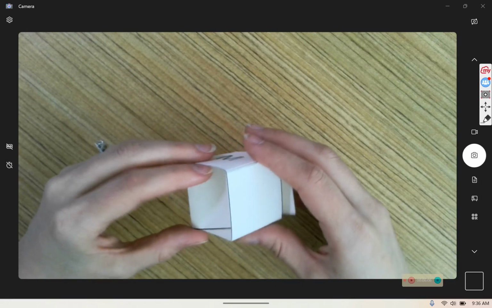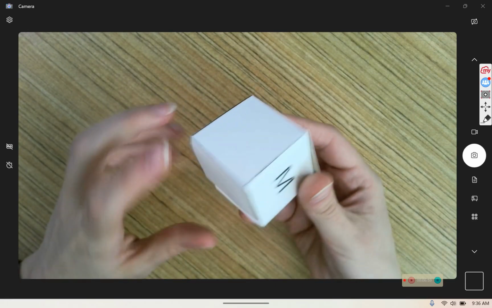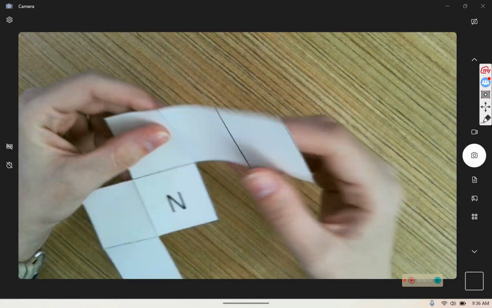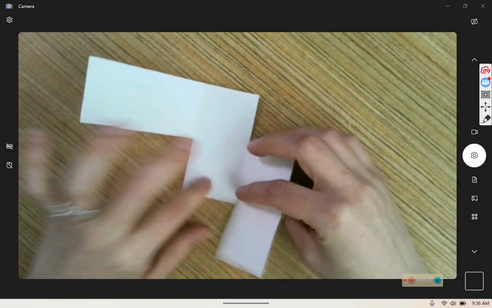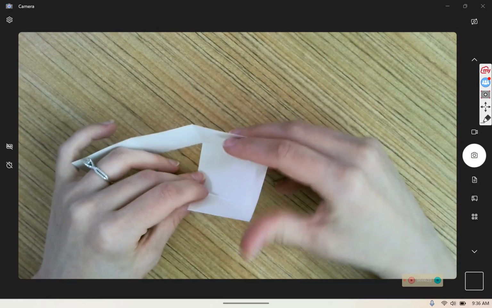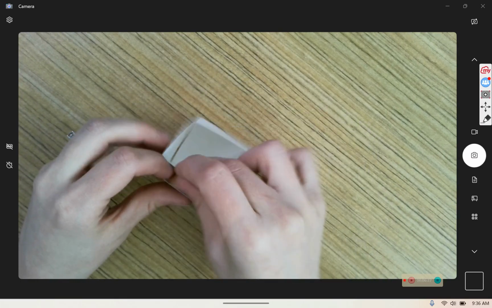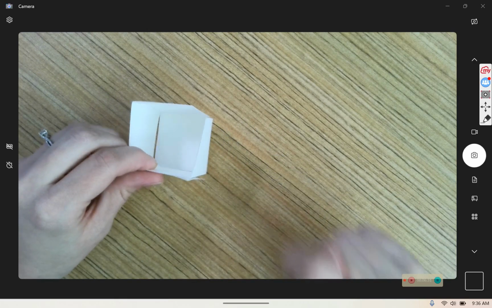M has a face on all 6 faces. Closes to make a cube. N. Overlaps here, but the top is left open.